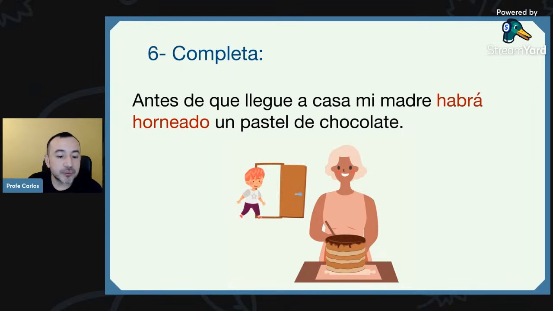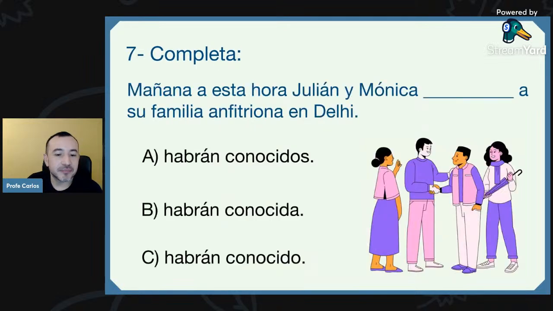Seguimos, continuamos en el número 7. Completa. Mañana, a esta hora, Julián y Mónica a su familia anfitriona en Delhi.